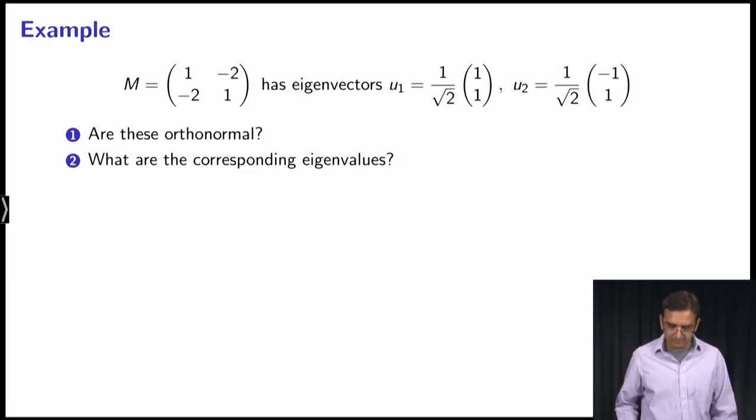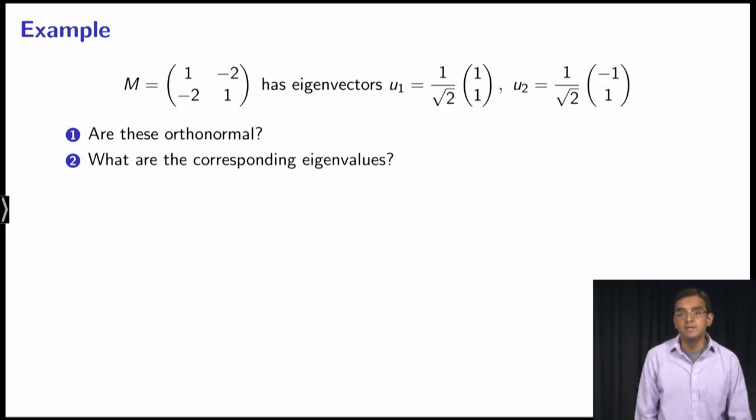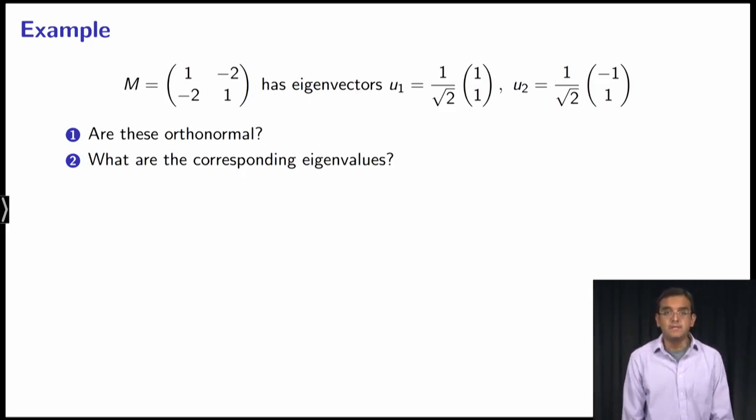Before we get into that, let's see another simple example, and one in which the eigenvectors are not the coordinate directions. Here's a 2 by 2 matrix, and I'm giving you the eigenvectors for the matrix, u1 and u2, and what we want to do is to compute the corresponding eigenvalues. Let's first check that they really do constitute an orthonormal basis.